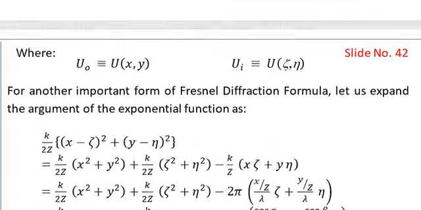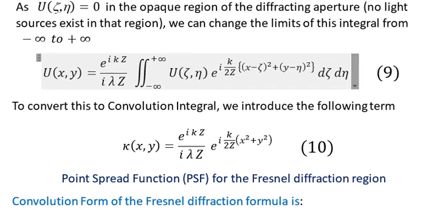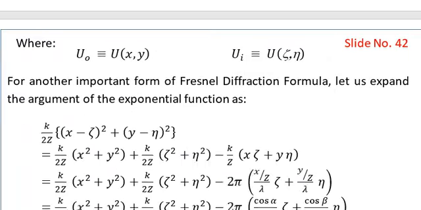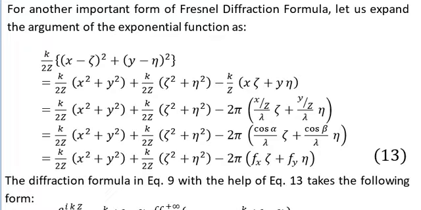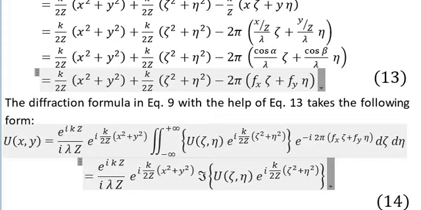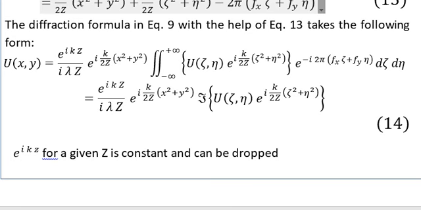In equation number 9 we had the exponent e to the power iota k over 2z multiplied by the curly bracket. We have expanded that, and using the expansions given in equation number 13, if we plug them into the exponent in equation number 9, we get this formula.